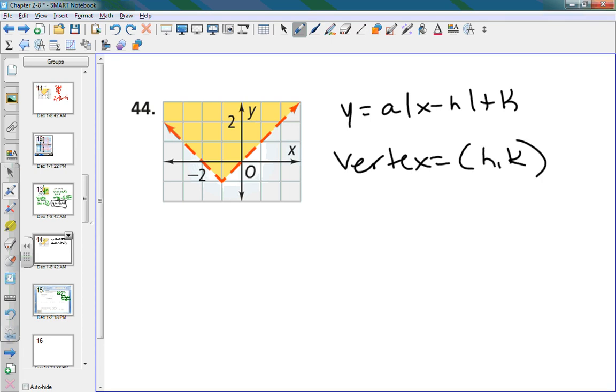A vertex is the minimum or the maximum point where it changes direction. This is the graph. You understand that? Yes. Now at this point I want to ask you, do I have a minimum value or a maximum value with this lovely little graph? Minimum. I'm going to have a minimum value, which means if I have a minimum, what does that mean about a?